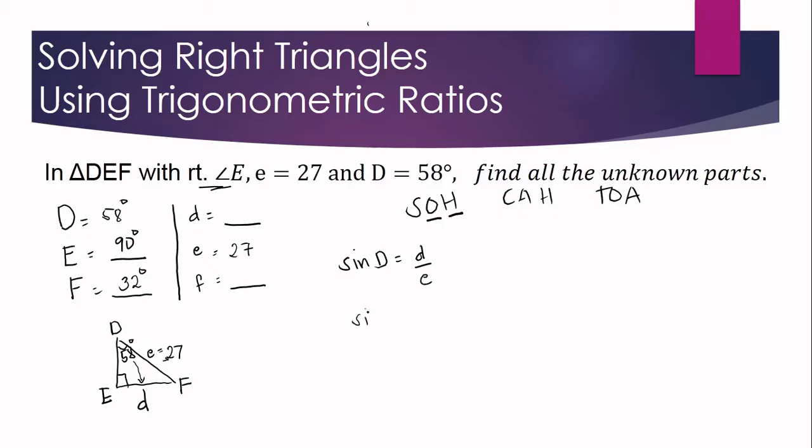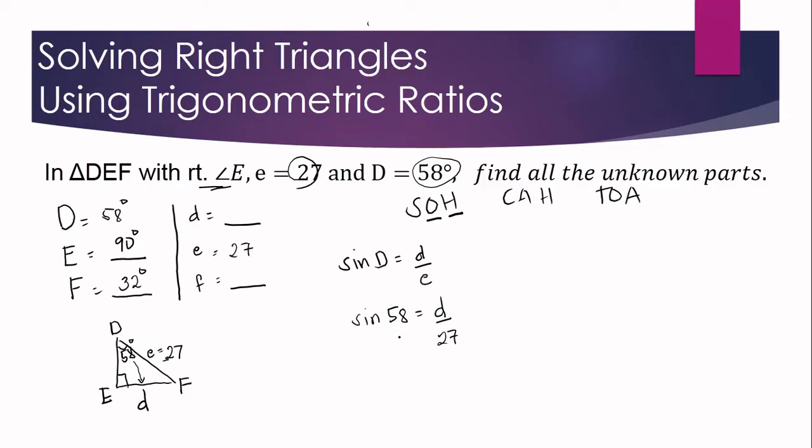So let us have here sine. Angle D is given, that is 58 degrees according here. So let us write angle D, 58. So we have sine 58 is equal to, the unknown is D, and E is also given, and that is 27.